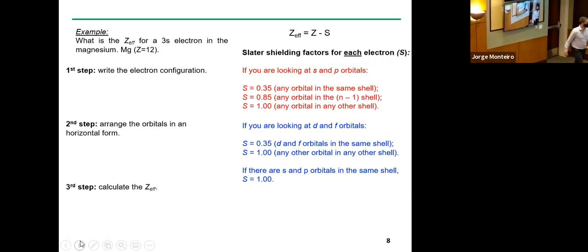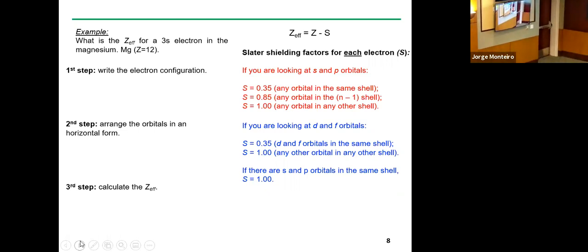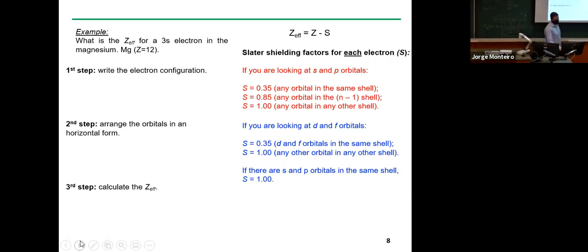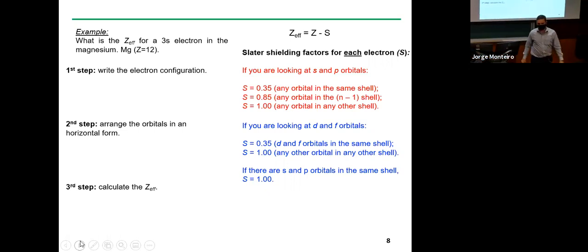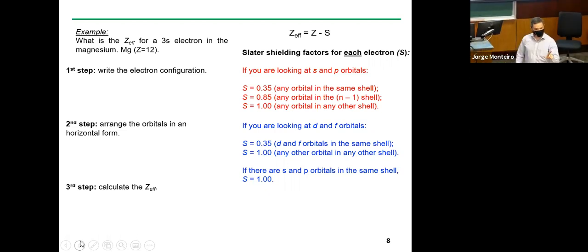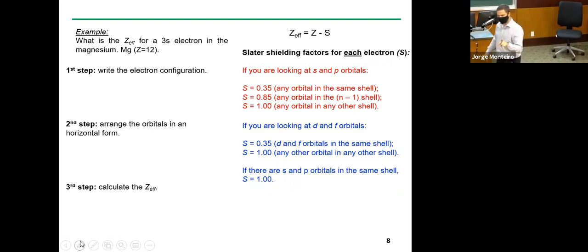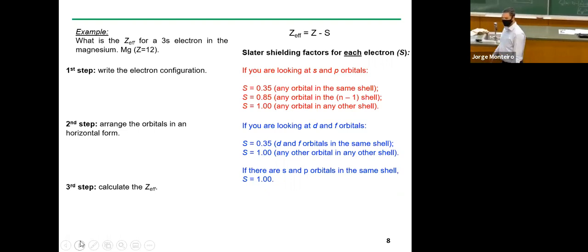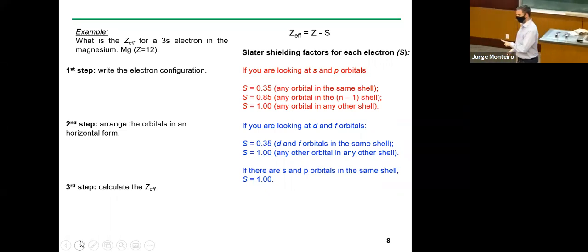Okay? Now you know the reason. And that's the difference between you and a freshman student. You know why.